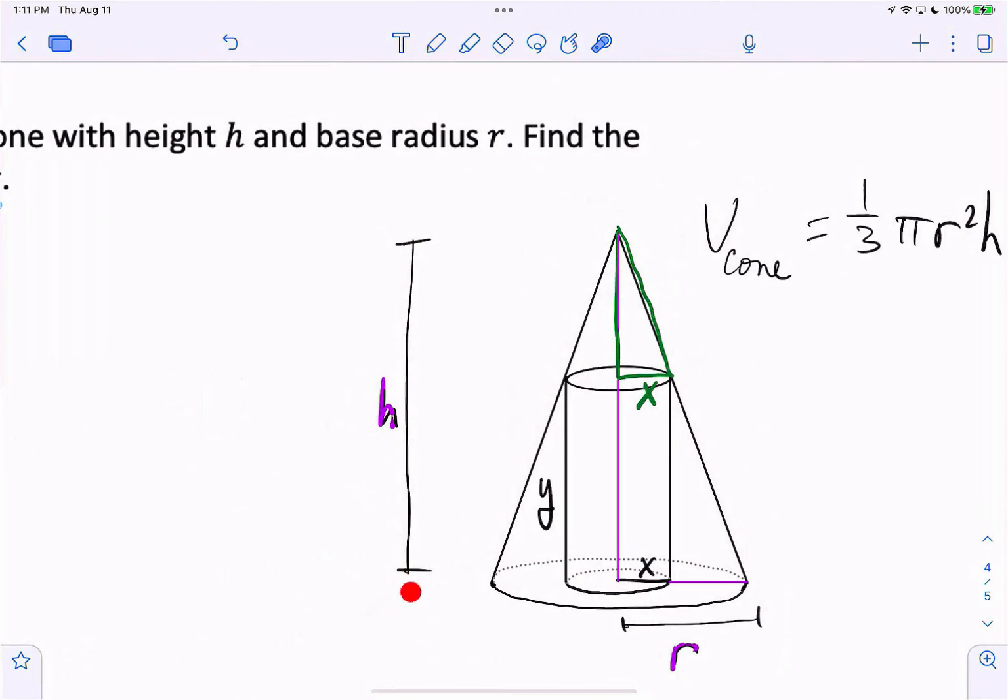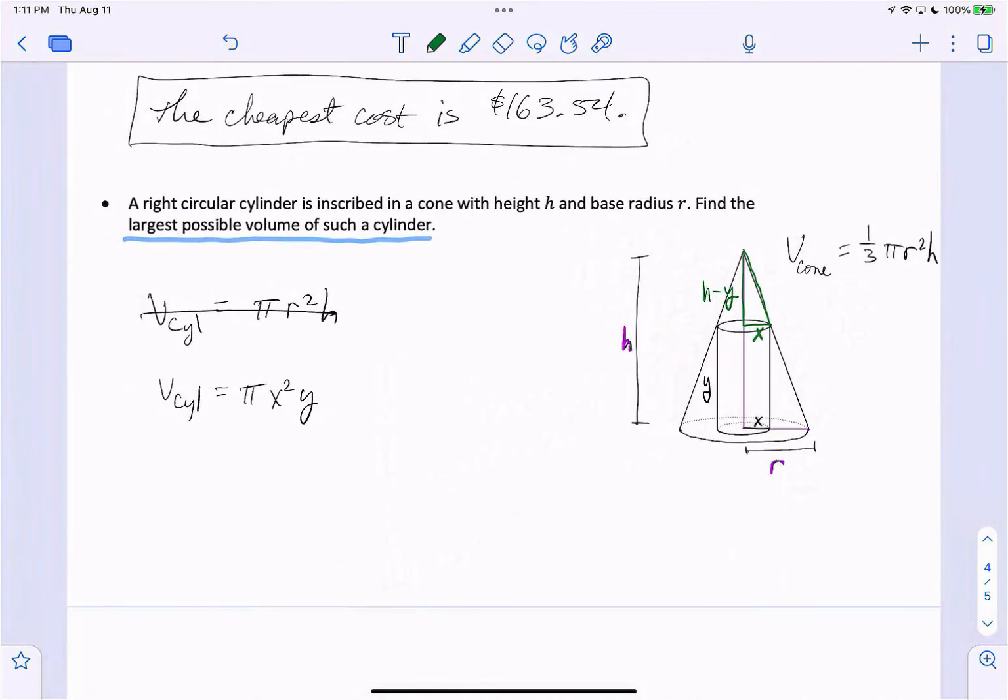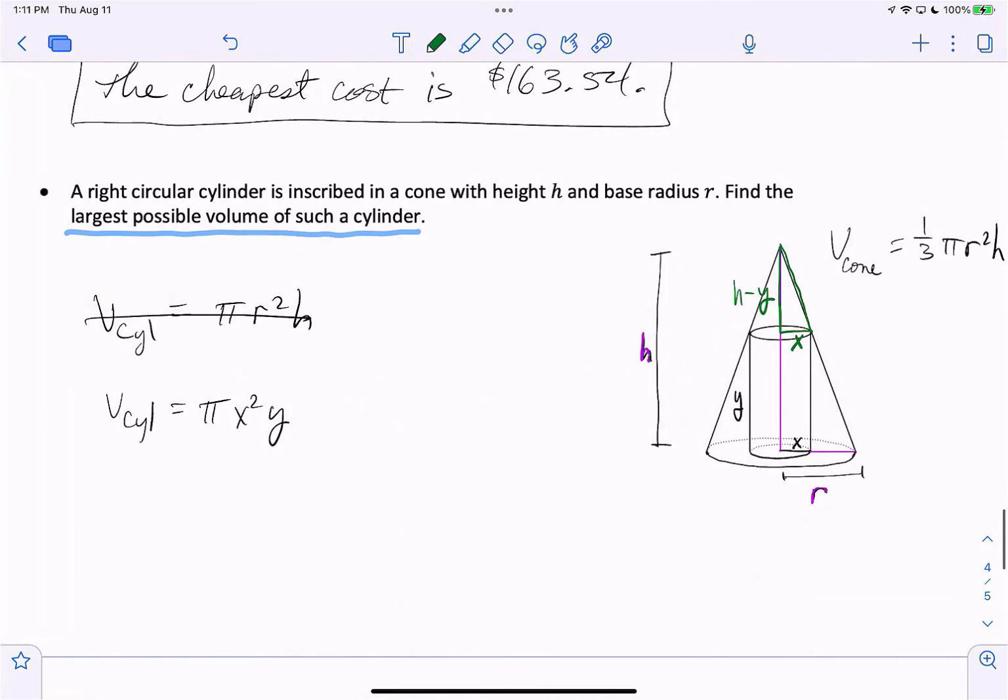But if this is h and this is y, then this is h minus y. And now I can use similar triangles. So I can say like h minus y is to x as h is to r. Doesn't matter how I set up the proportion as long as I have corresponding things in corresponding places.